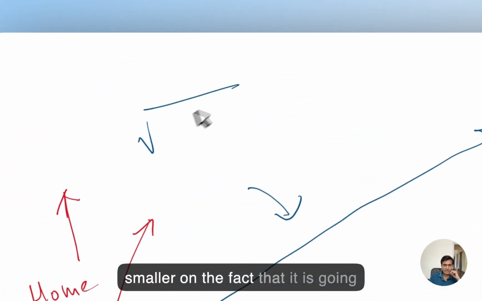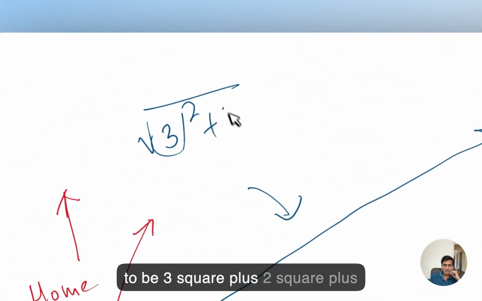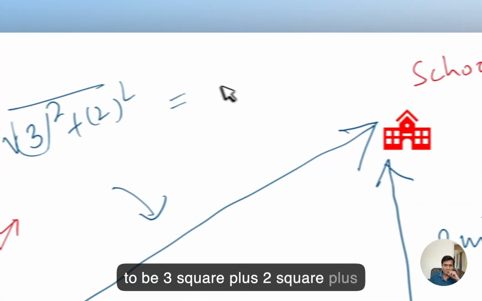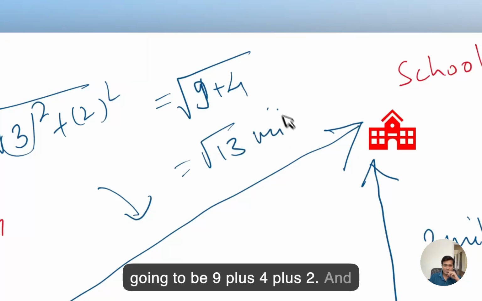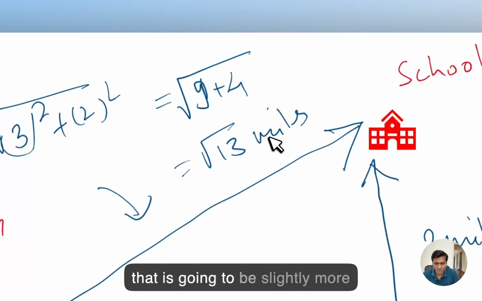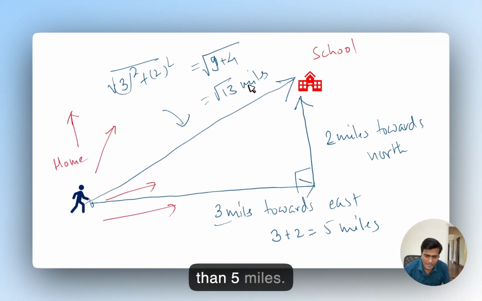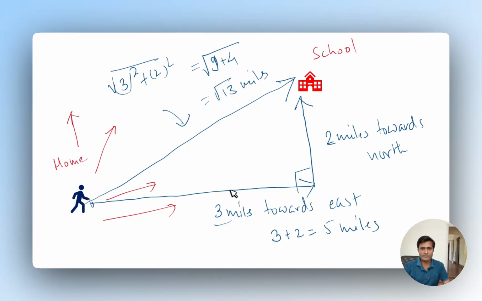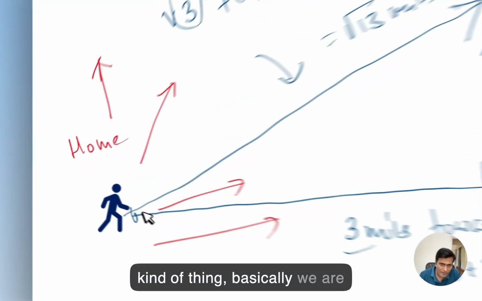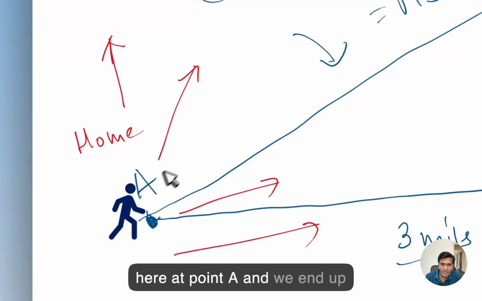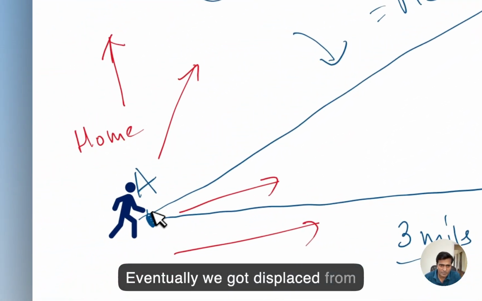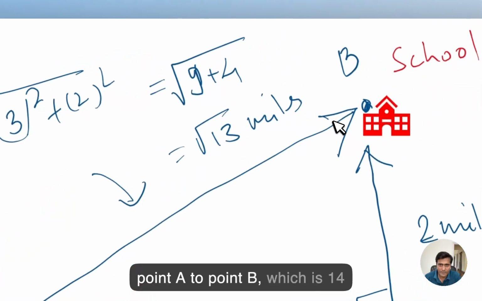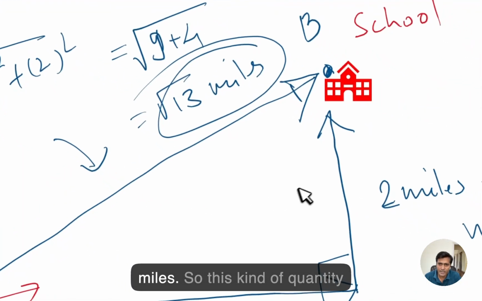Mathematically it is going to be the square root of 3 squared plus 2 squared, that's 9 plus 4, which is root 13. That will be slightly more than 3 and less than 5 miles. We start here at point A and we end up at the school at point B. Eventually, we got displaced from point A to point B by root 13 miles.